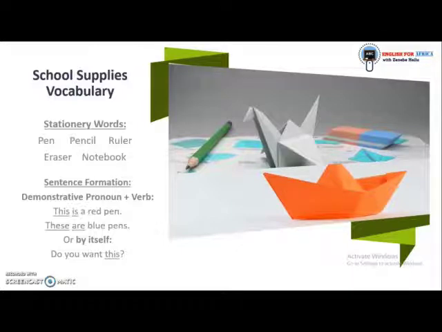So we got these as a demonstrative pronoun that's referring to a specific noun, and that is pens. It is a plural pronoun as it is referring to many pens. So we have used plural verb here.